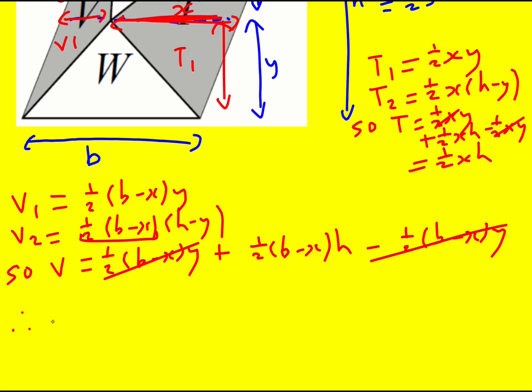And therefore, T plus V is going to be a half XH plus a half BH minus a half XH.